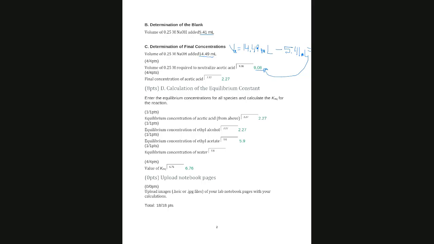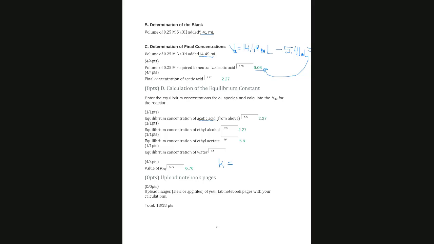We have the equation. Let's look at this. So we have the acetic acid. I don't want to write again everything, but the equilibrium equation. What do I need to write? I have here, they ask you to plug in all the numbers. Equilibrium concentration of acetic acid.